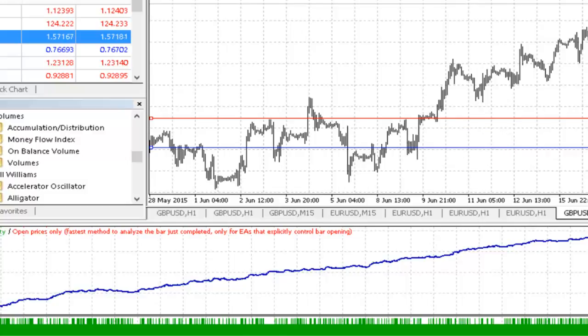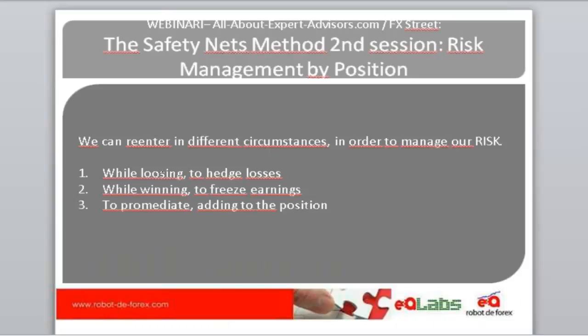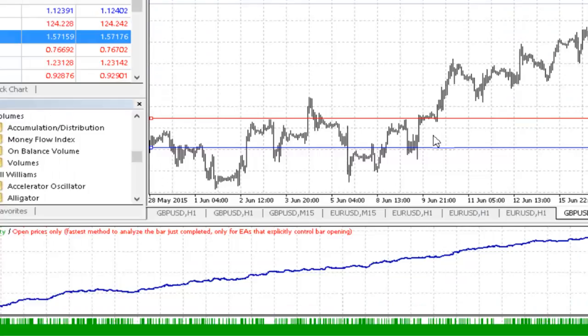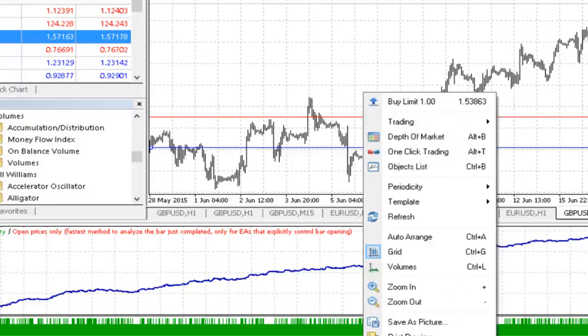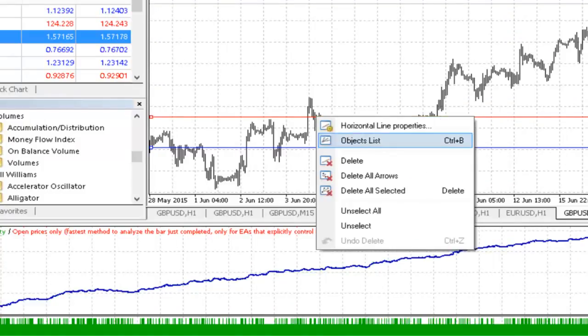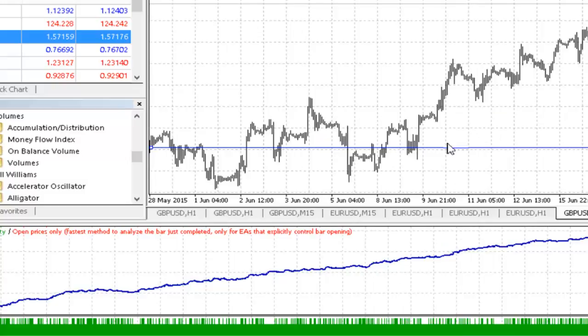So I can do it for different reasons. I can have positions while I'm losing. I can have positions while winning to freeze the earnings. I can promediate. What is promediate? Actually, let's say, for instance, like the opposite example. I'm going to delete this one. It's a new example, okay?